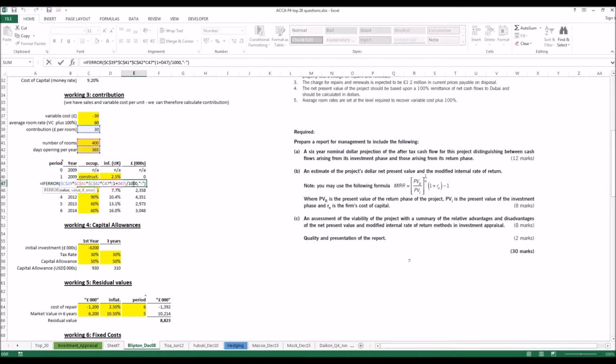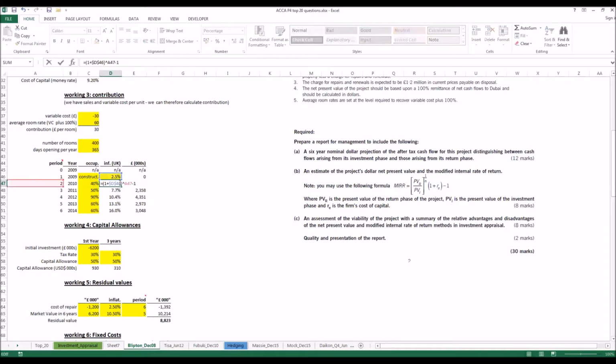I just simply divided everything by 1,000 here to keep the numbers quite sensible. So 30 times 400 times 365 times the occupancy rate, and then we inflate it by the inflation rate, and we get 1.8 million.